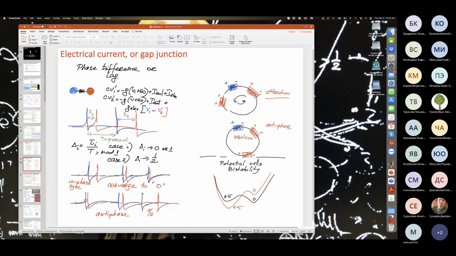This is the period, say, of the blue cell, of the red cell. And then you have this sequence of what's called phase lags or phase differences. So delta I stands for this phase difference between spike initiations in the cells, and then you let it run.